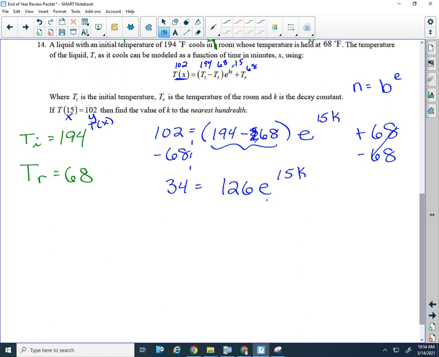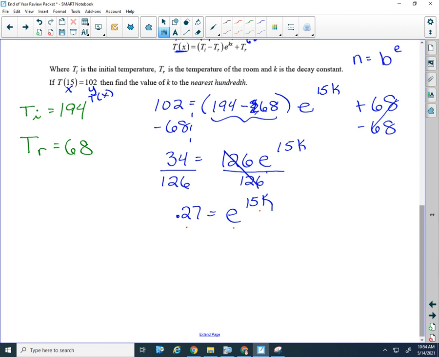E is our base, so this 126 has to go to the other side. So I'm going to do the opposite and divide it. That goes away. 34 divided by 126 is about 0.27 equals e to the 15k. Now, base, exponent, number. Now you can put this in logarithmic form.